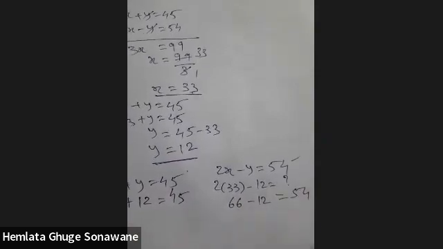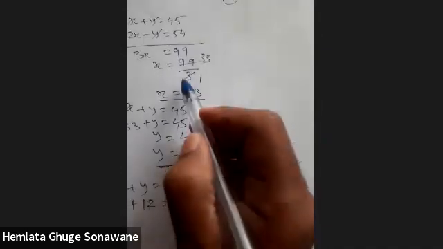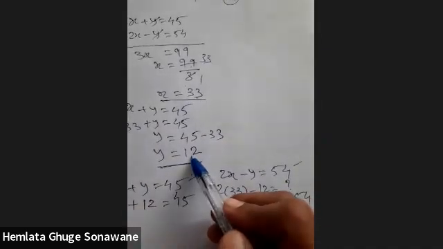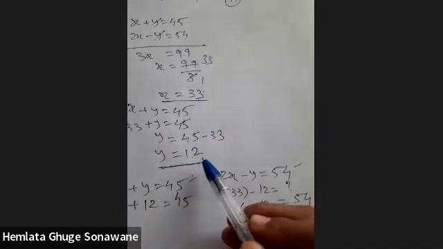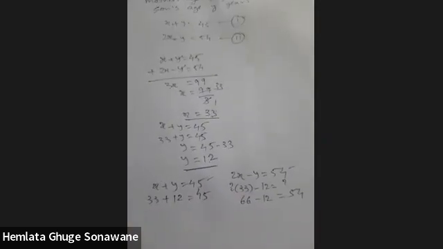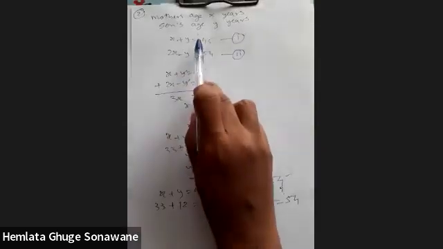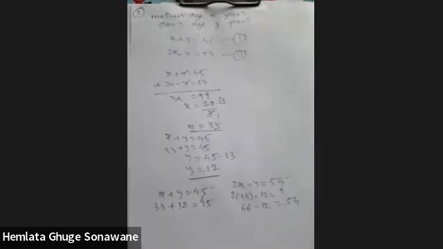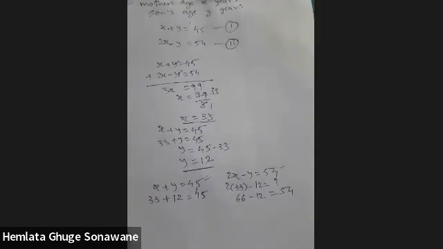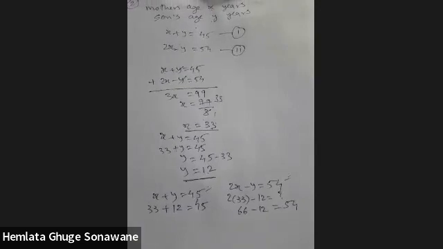It means we have got the correct value. Whatever values or solution we have got for x and y, that is right. We have to check it with the conditions so that we come to know whether we have got the correct value or not.